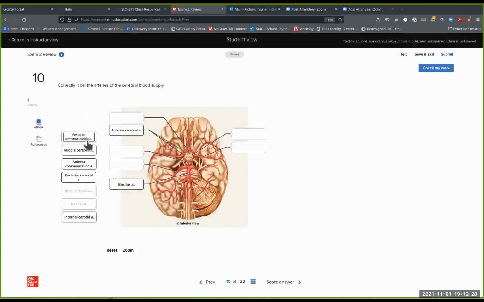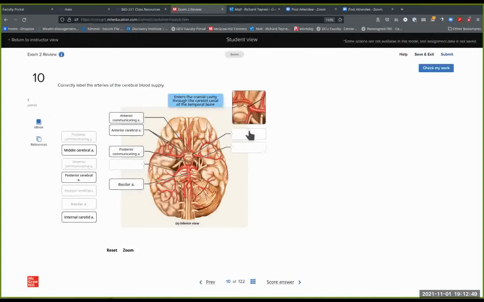There we go. How about this one? Anterior communicating. Mm-hmm. And right here, those are the internal carotid.